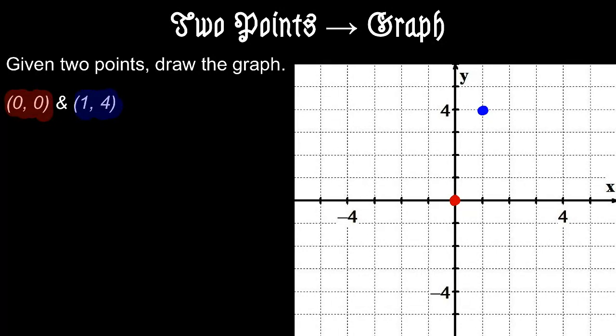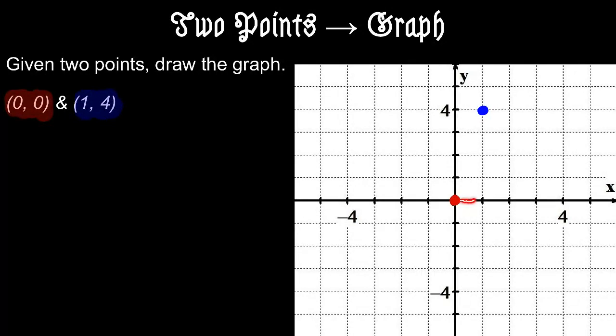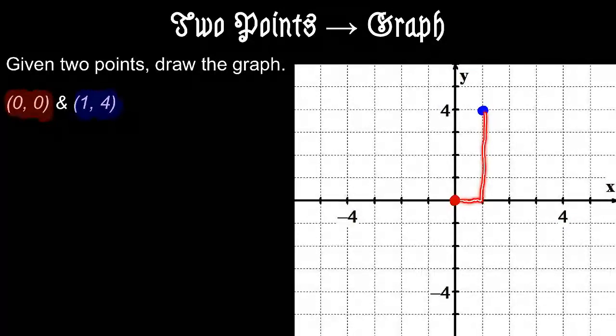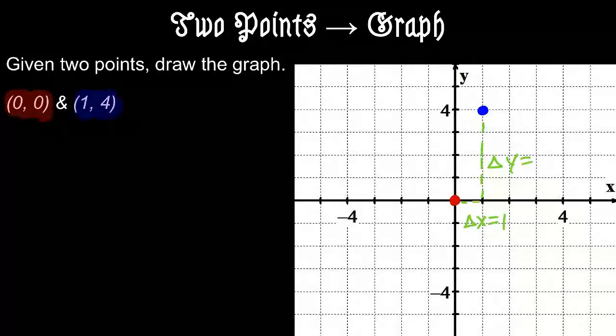Now I can draw a line. What I notice is that as I go to the right one, I go up 4. So I can draw in that little slope triangle. Delta x equals 1, delta y equals 4.